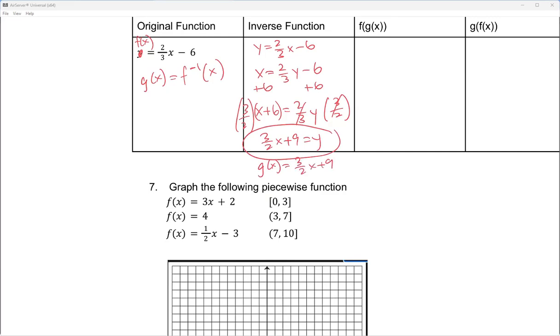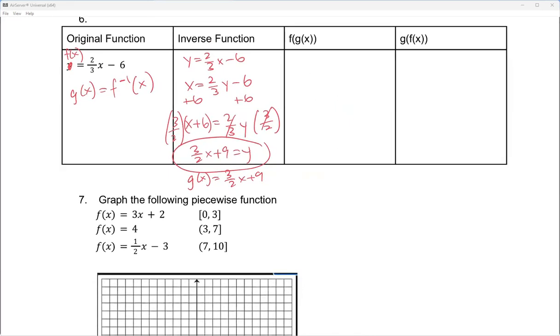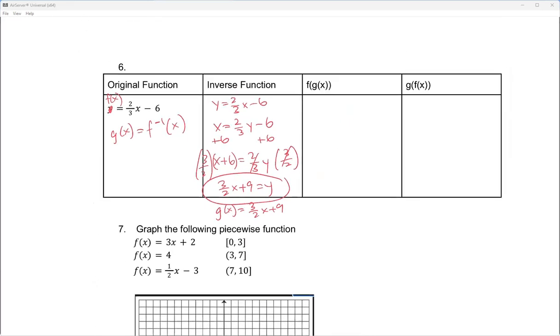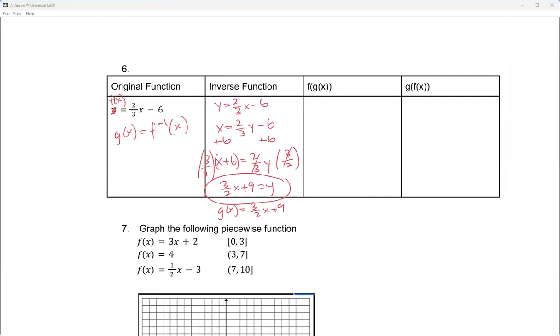All right, what you need to do is find the g of f of x and the f of g of x. So plug this in here. The g of x is 3x plus 9. What you're going to do is use 2 over 3 and then 3 over 2.